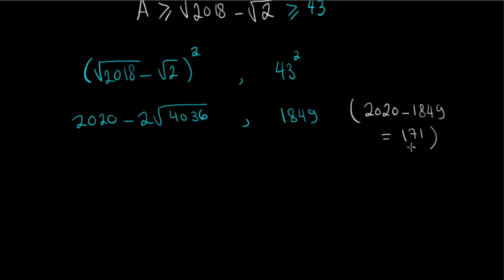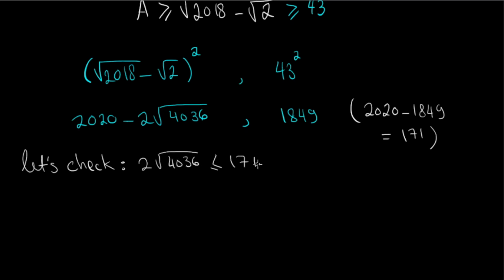So now we must compare this 171 with minus 2 times square root of 4036. We must check whether this is less than or equal to 171. So again we square the numbers on both sides and compare them.